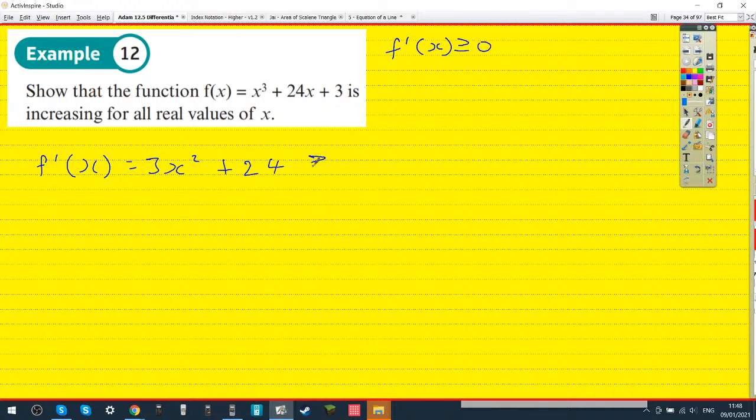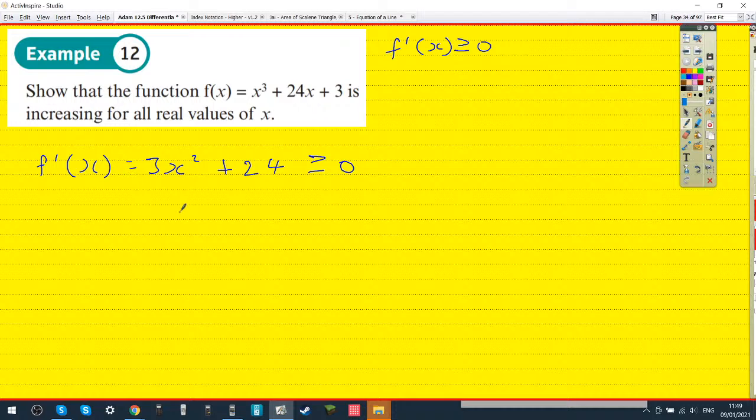How do you know if it's less than 0 or greater than or equal to? Well, less than would be if it was decreasing, but we have to show that this is increasing. This isn't what I was expecting. I have to say 3x squared plus 24.